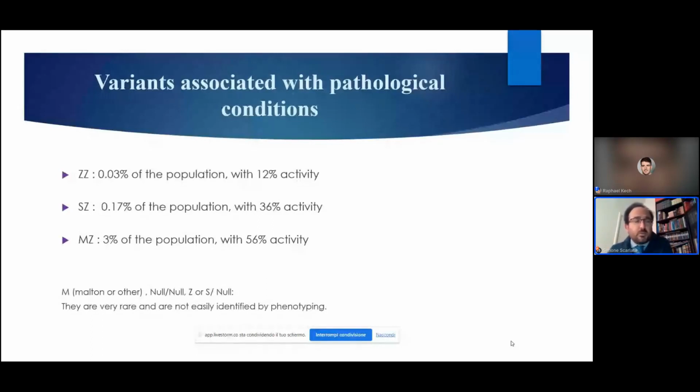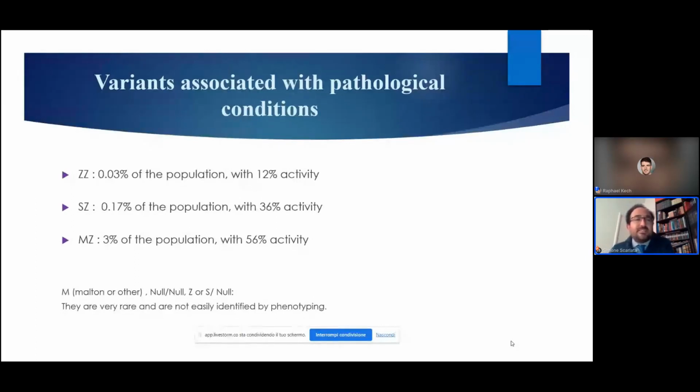Of course, we have the homozygosis for the Z allele. This is quite rare, occurring in less than 1% of the population, but this is associated with a very low protein activity, meaning that the protease-antiprotease balance is very much at risk.